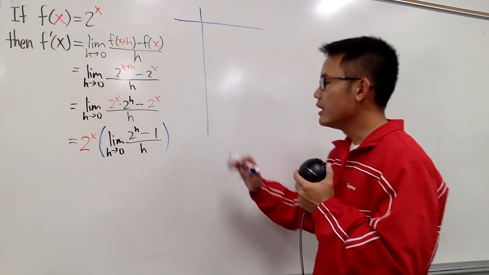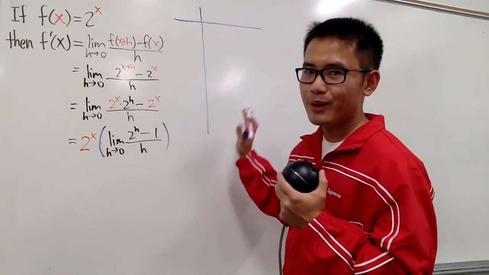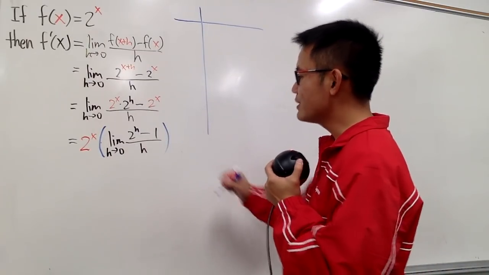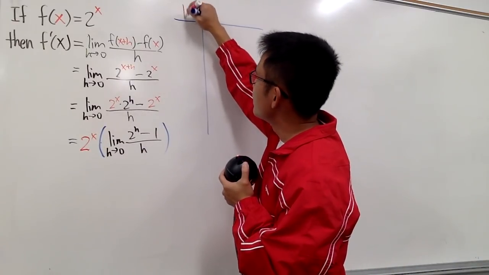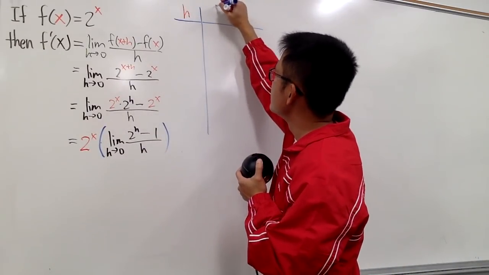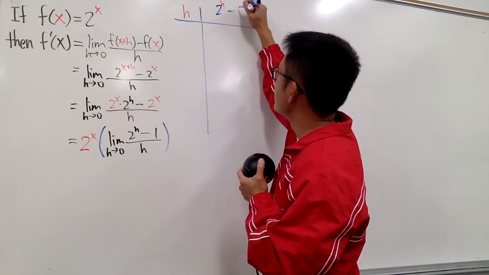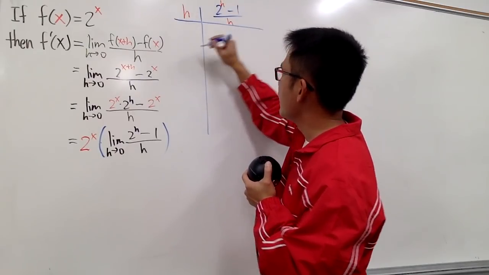We'll be using a calculator to figure this number out. We are going to plug in some numbers for h and then figure out this expression, 2 to the h minus 1 over h.